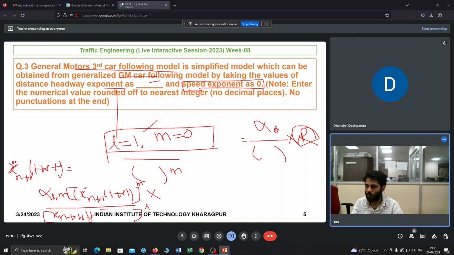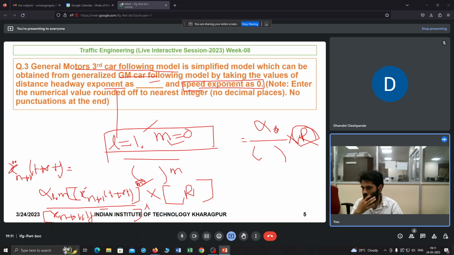So now, if you place M equal to 0 and L equal to 1, you obtain the relative velocity term. This is to the power 1, and this is to the power 0, which means 1, into alpha.